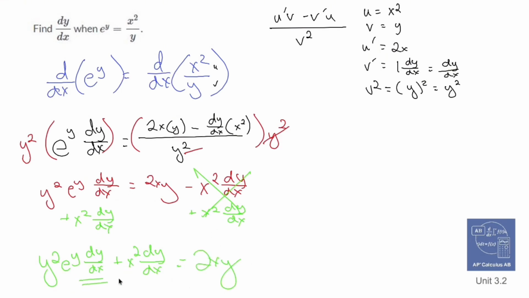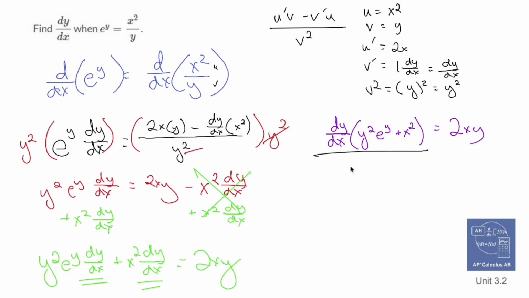Let's factor out the dy dx from both of those terms. When I do that, I get dy dx times the quantity y squared e to the y plus x squared, and that still equals 2xy. Let's divide everything by y squared e to the y plus x squared.